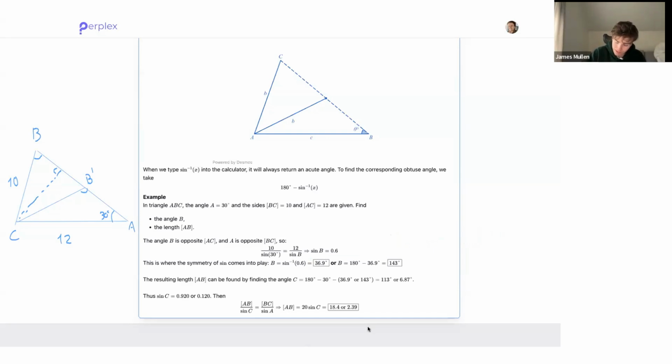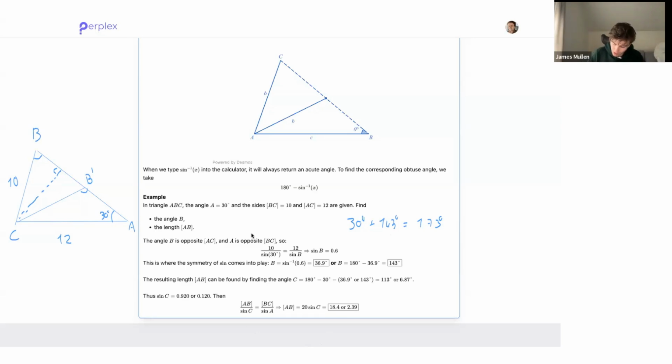I have an angle of 30 so far, and if I do 30 degrees plus 143 degrees, that's 173 degrees, which is still less than the maximum of a triangle, okay? If I had something that was 180 or bigger, then there would be no room left for the third angle, and that would be invalid. So you always have to check to see whether that actually gives you a valid third angle, okay?